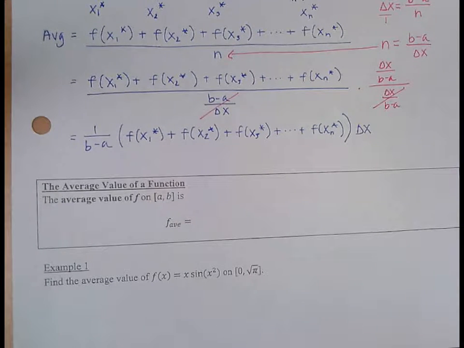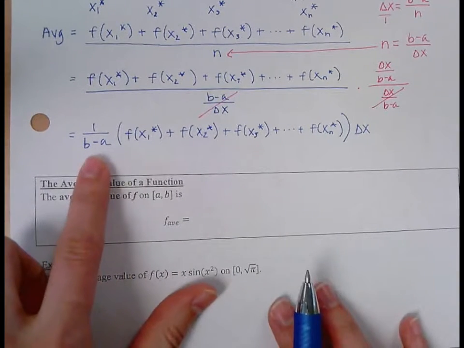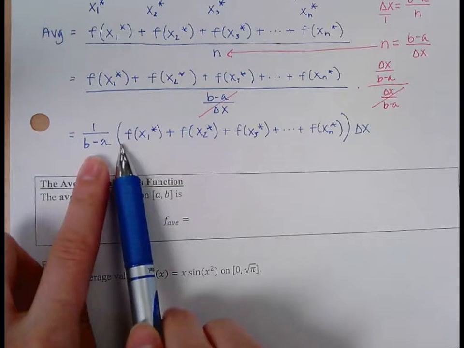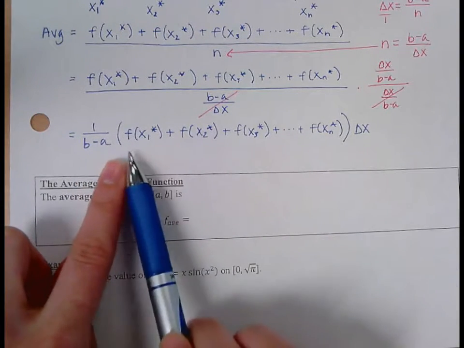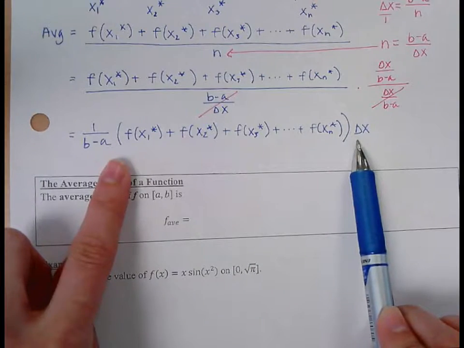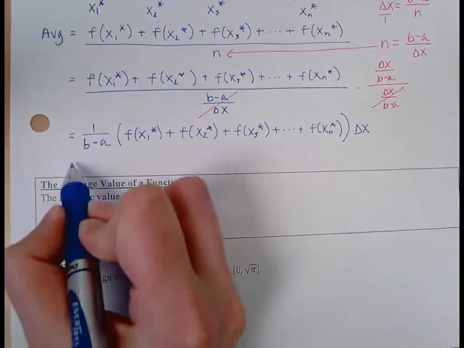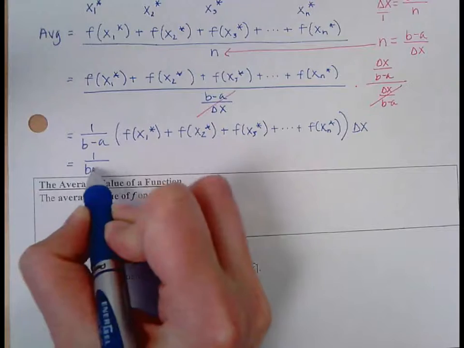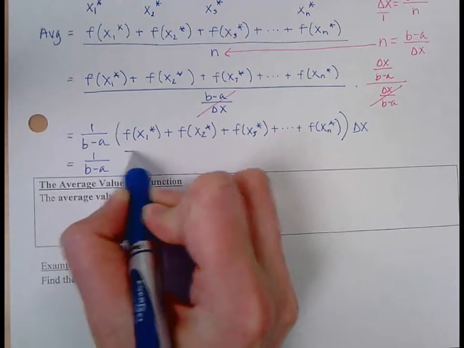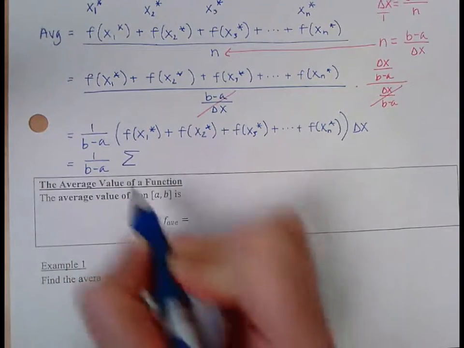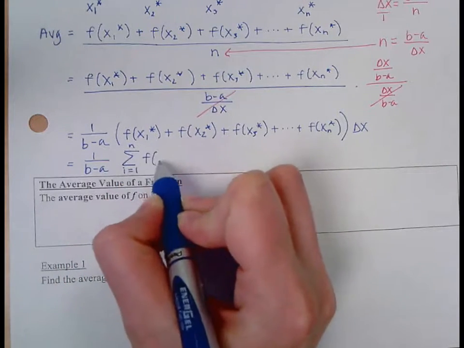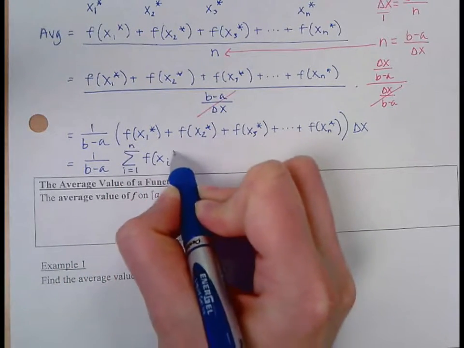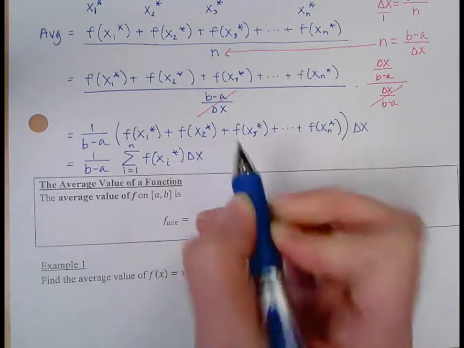And the reason why I'm doing that is now, aside from the 1 over b minus a, the sum of those function values added together times delta x, I could write that as a Riemann sum. So I can write this as 1 over b minus a times the sum from i equals 1 to n of f of x sub i star times delta x.